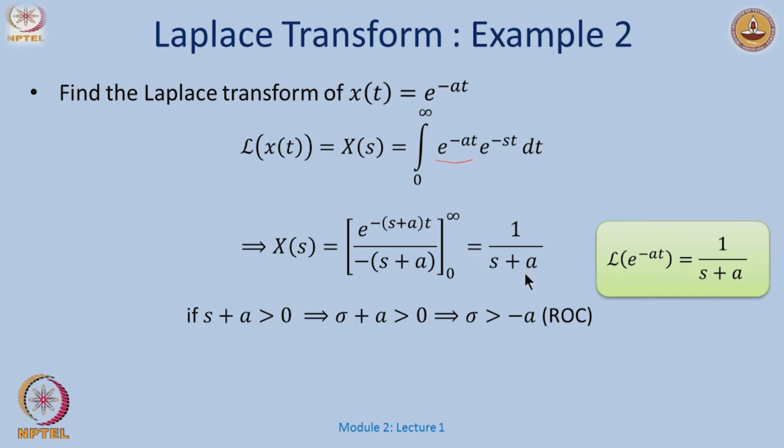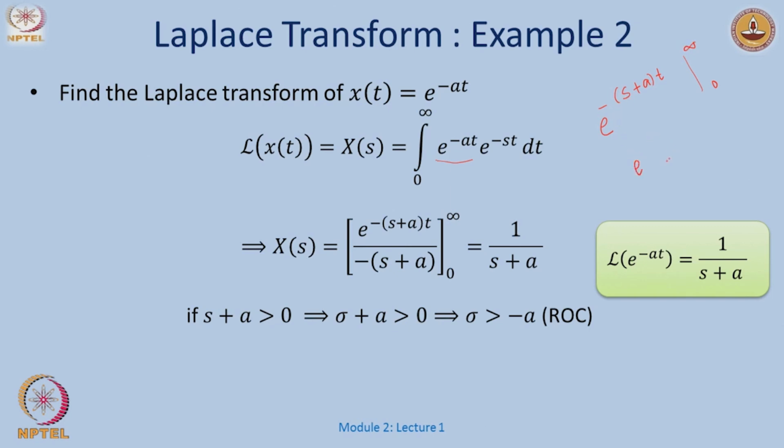Well, now let us take the case here where I am just evaluating these things, e power minus (s plus a) times t, from 0 to infinity. Now, what happens if this guy is negative?